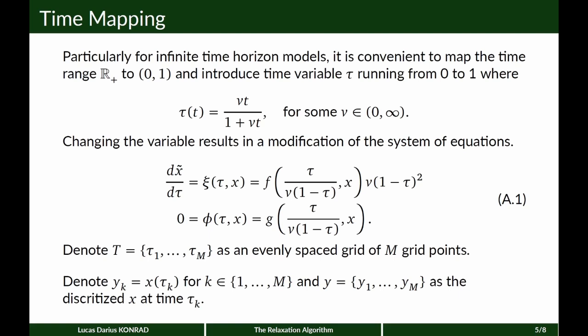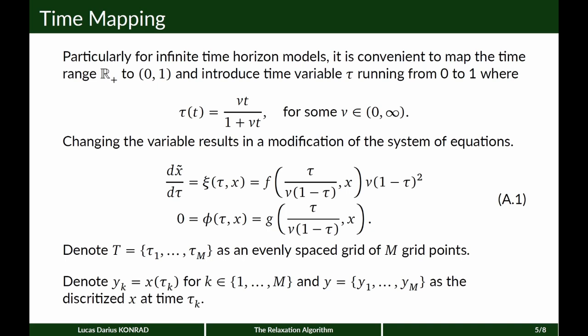Remember, we said we cannot do this for continuous time with the computer because we have limited storage and finite computer precision. But what we can do, and what the relaxation algorithm does, is we cut the time into a grid.